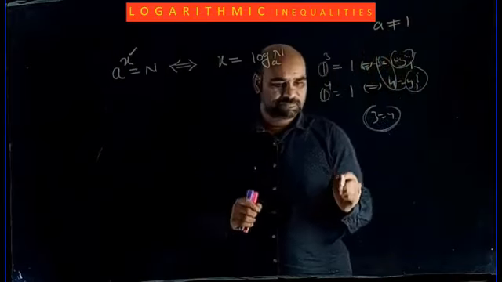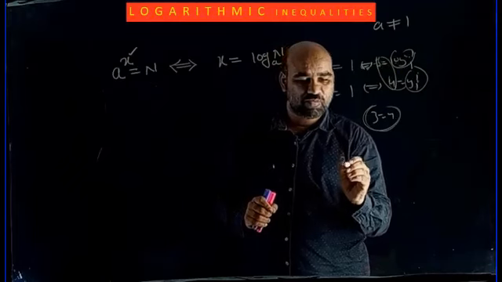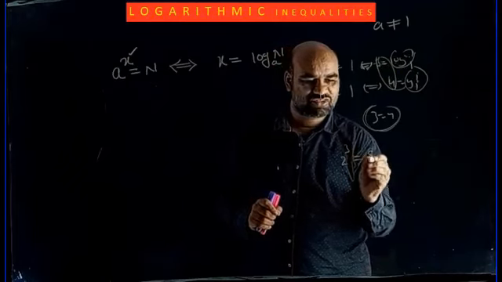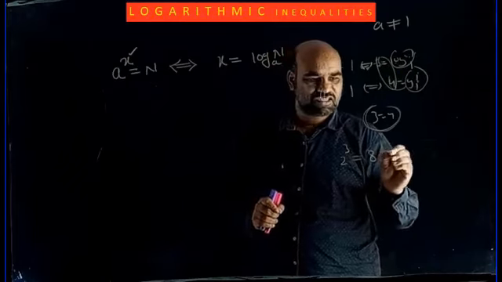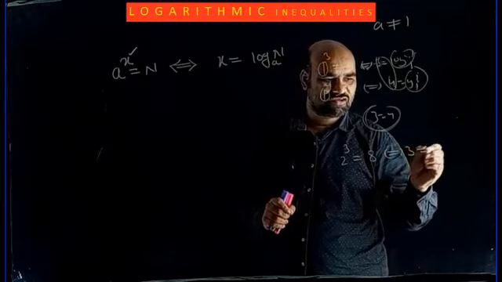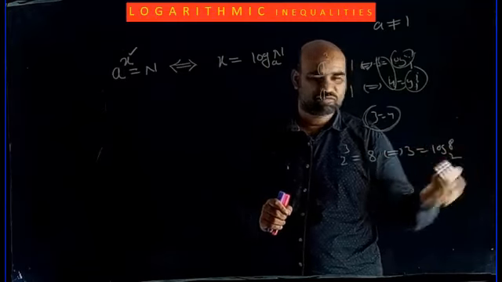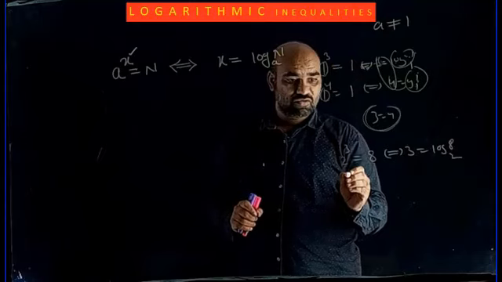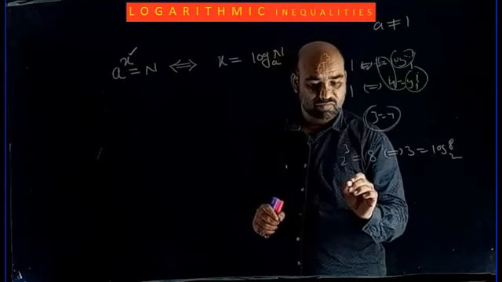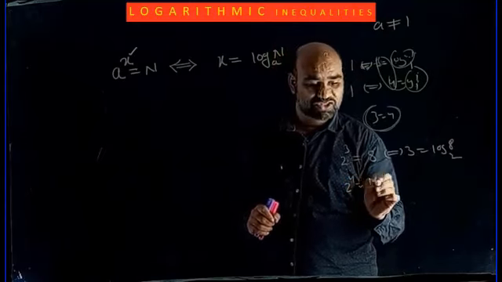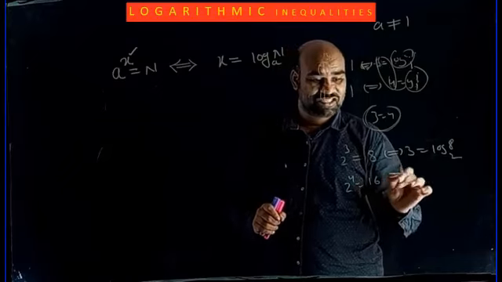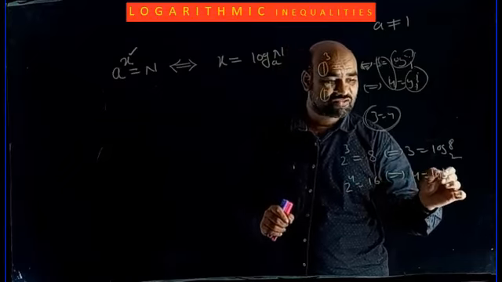Next, for example, 2 power 3 equal to 8. This can be written as 3 equal to logarithm of 8 base 2. 2 power 4 equal to 16, which can be written as 4 equal to logarithm of 16 base 2.